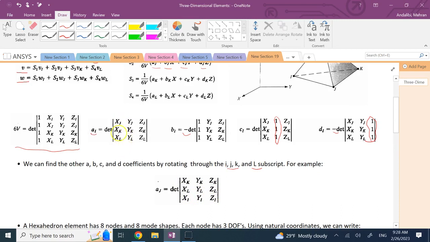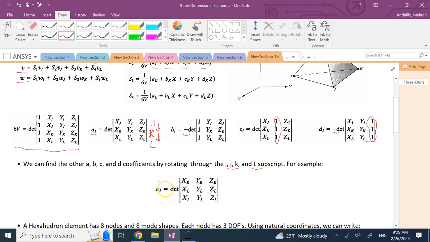If you look at the order here, what is the order? The order is, as you go from top to bottom, you go from J to K, and then from K, you go down to what? L.